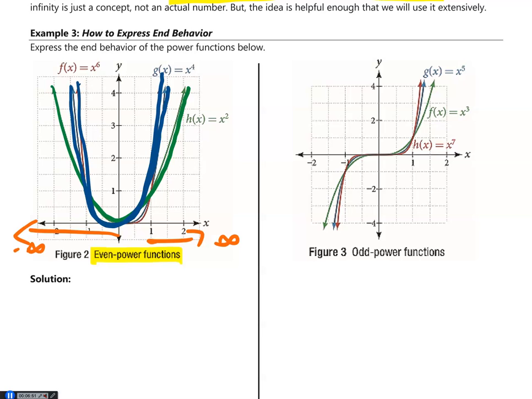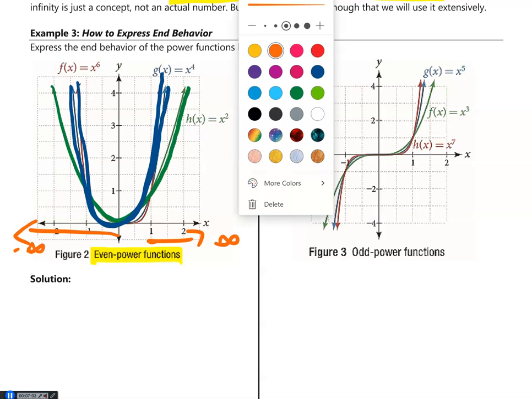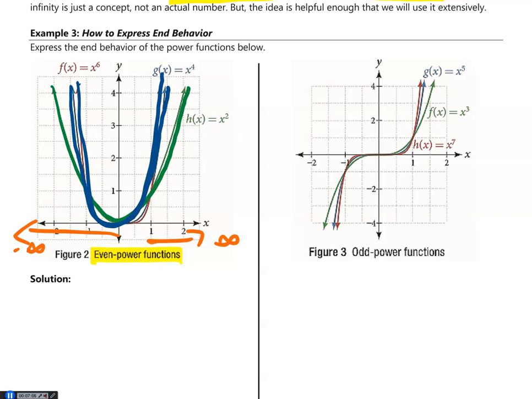Look at the behavior of these graphs, all three: if we go to the left, it goes to infinity. How about if we go to the right?